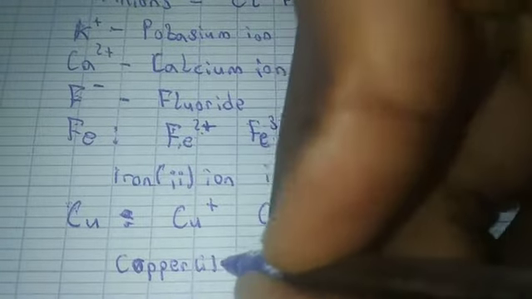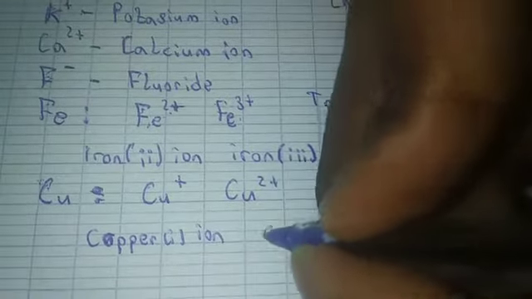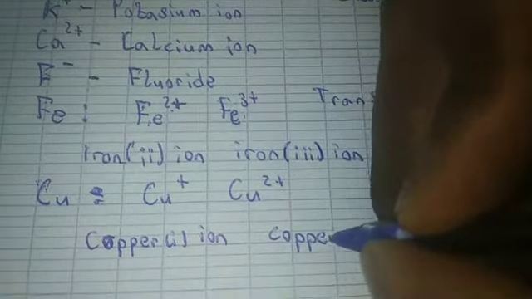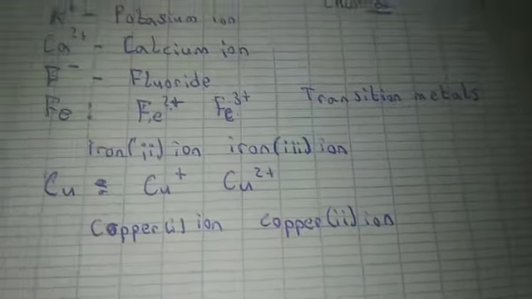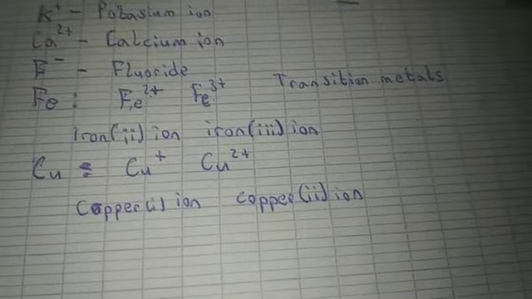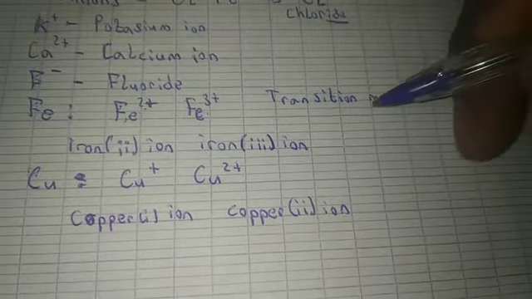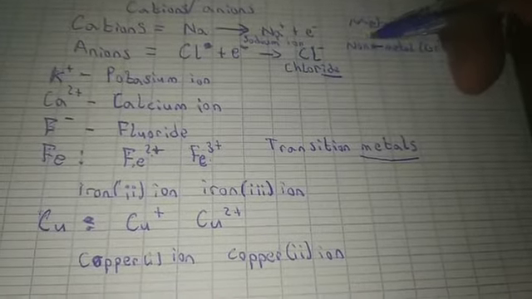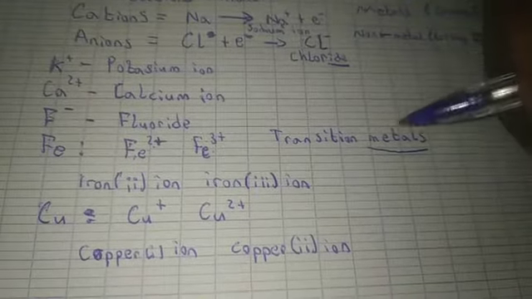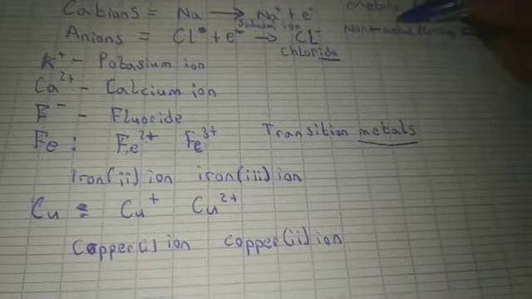Therefore, you get the copper 1 ion and the copper 2 ion. Most transition metals, well, all of them are basically metals, which means they all form cations. You won't be seeing any transition non-metal; that doesn't exist.